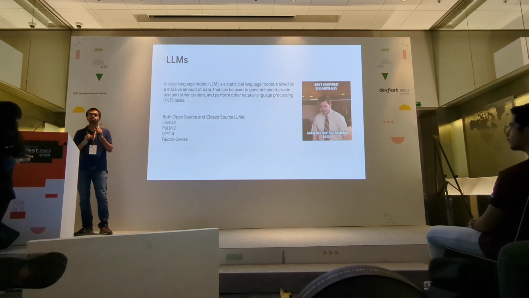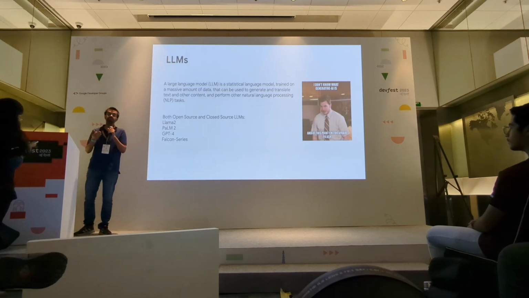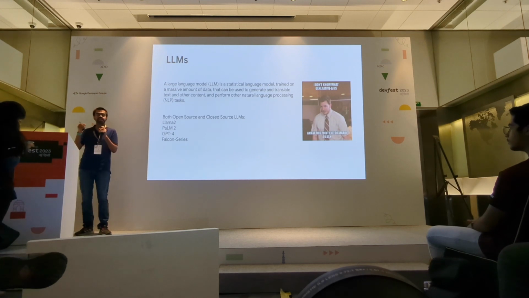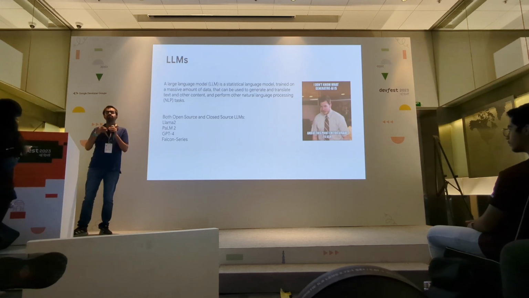Now, large language models are not something new. They have existed for a very long time. A few of you might have heard about models like BERT, which were in fact released in 2018, 2019. And of course, the complexity, the total number of parameters, or the architecture of these models has definitely grown in size and become more complex.